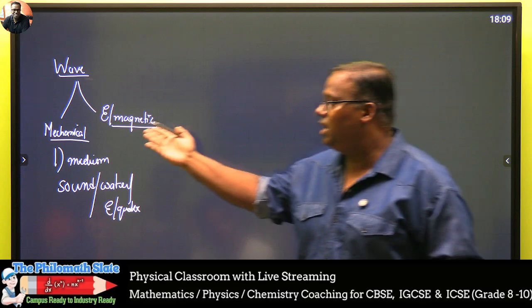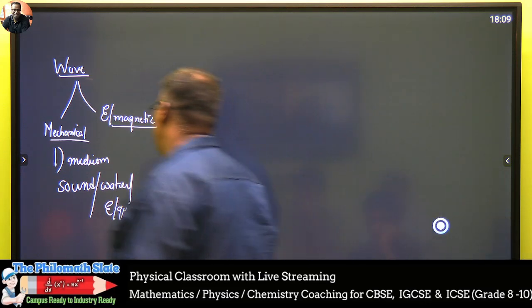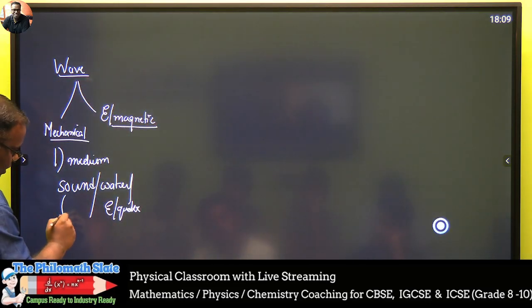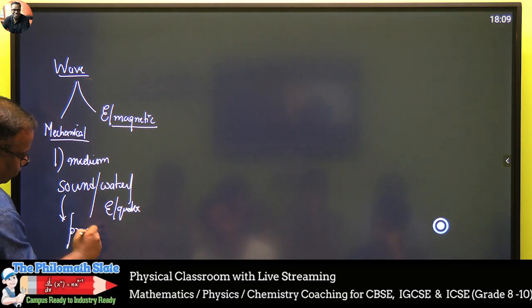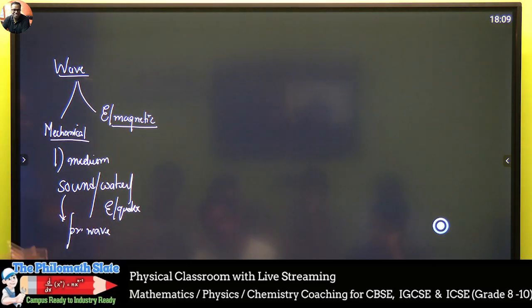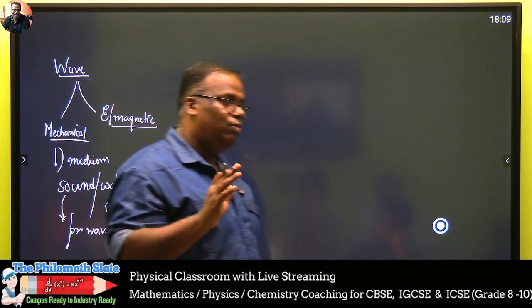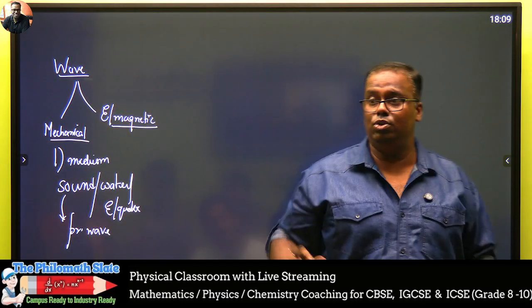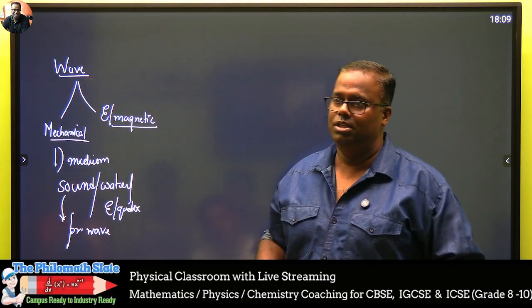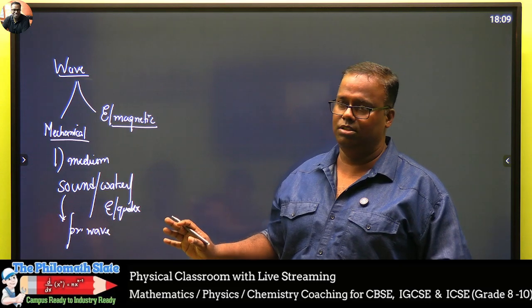Sound is a mechanical wave. In fact, when we study sound, you will further learn that sound is a pressure wave. It creates pressure, so it's a mechanical wave. If you are a mechanical wave, you need a medium to transmit. No medium, you cannot go.